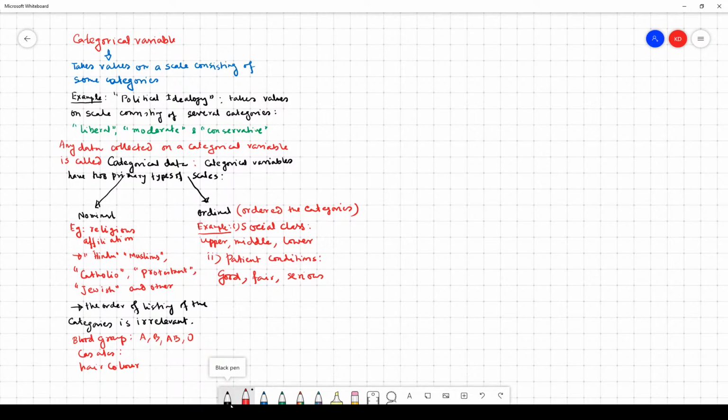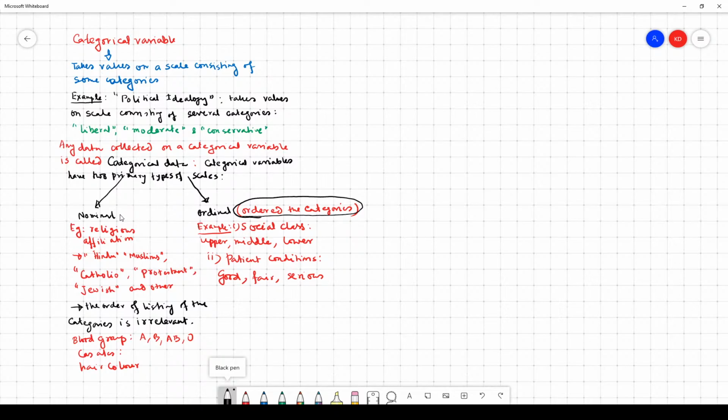Construct an example where ordering is possible. Keep in mind that order is possible.